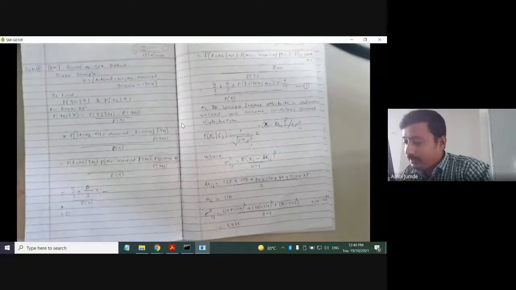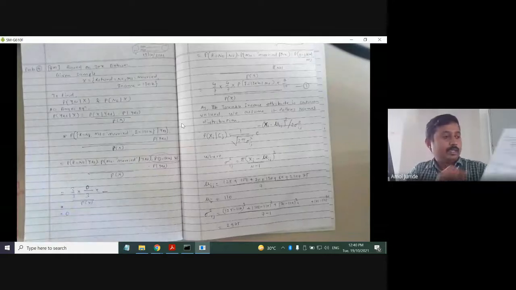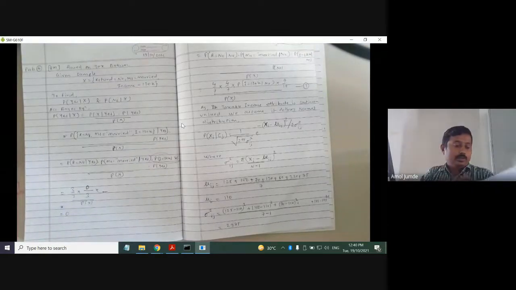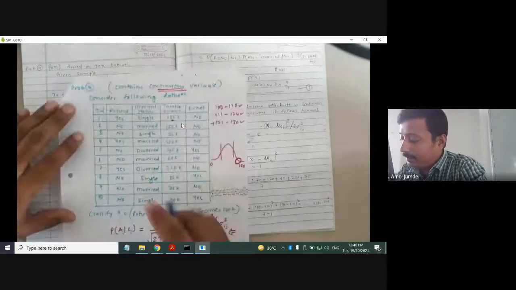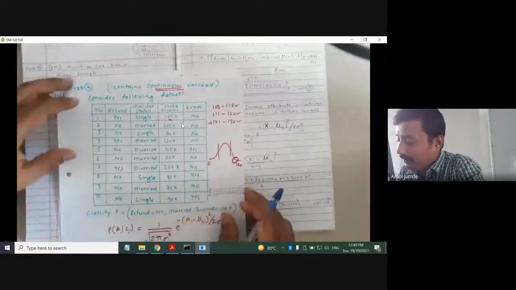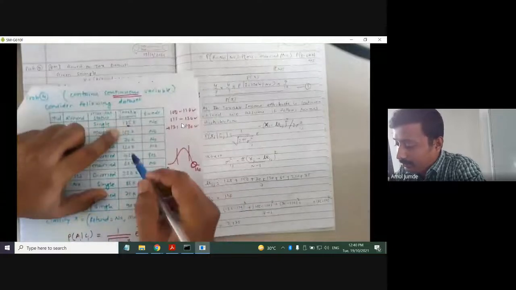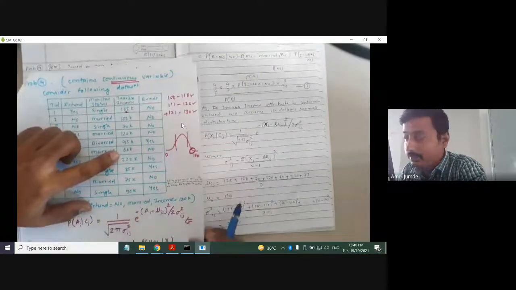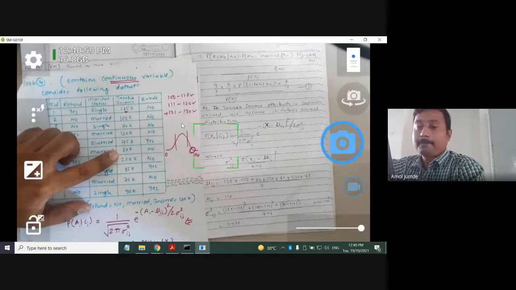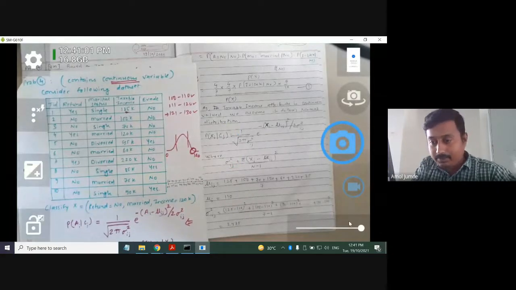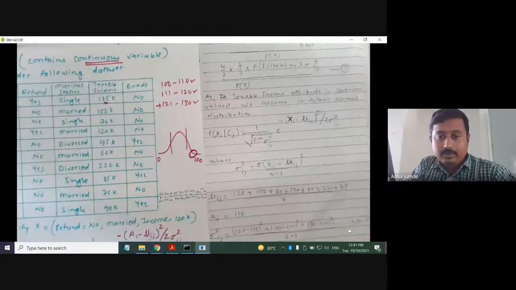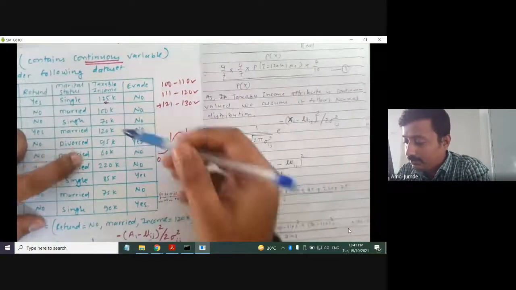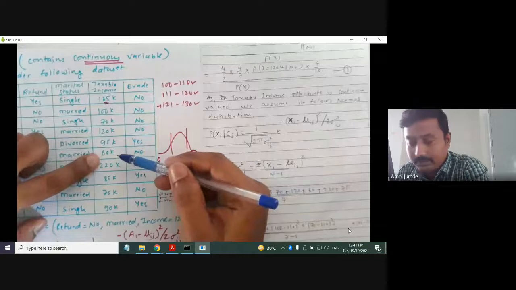Okay, one thing we can notice from the data, if you look closely, if I try to plot these values, let me zoom. See here, the least value that I have here is 60.